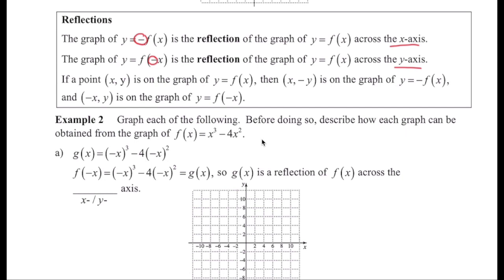We also know that if a point (x, y) is on the graph of our function, then also (x, negative y) is on the graph of y is equal to the negative function value. And similarly, if I have (negative x, y), it is on the graph of y is equal to the function where the x is negative on the inside.